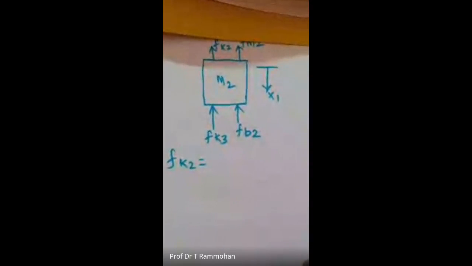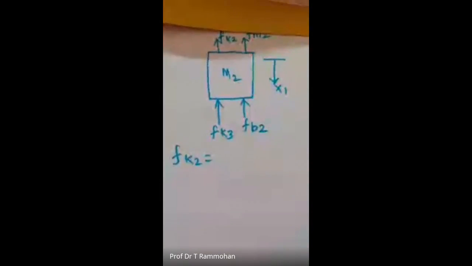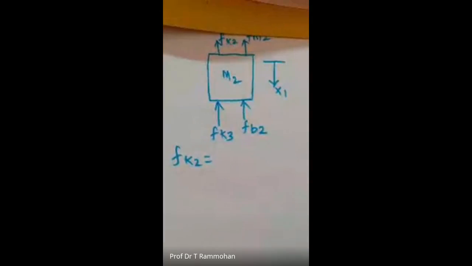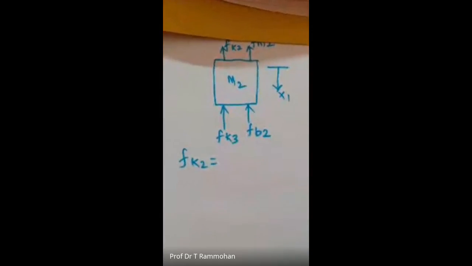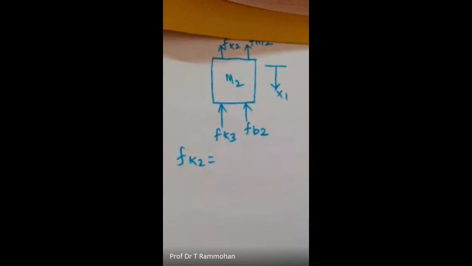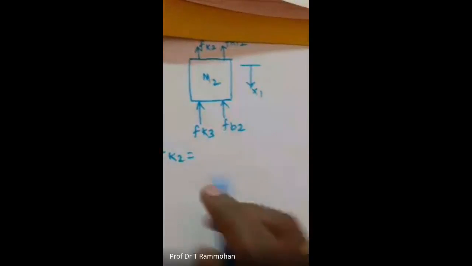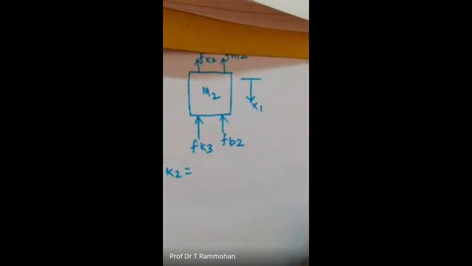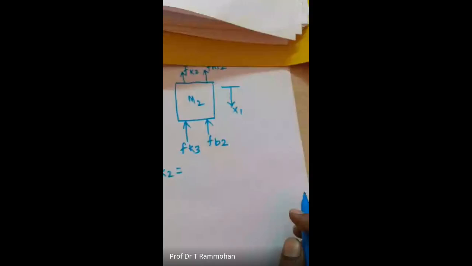See, K2 is the spring connected to M2. So what is FK2? I have to write FK2. K2 into x2 minus x1, sir. Pardon me?